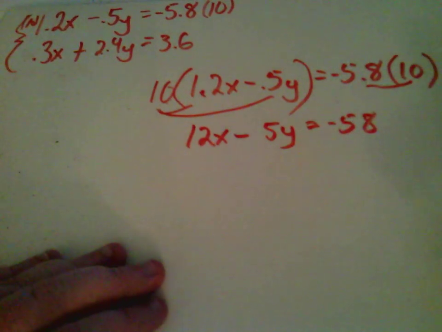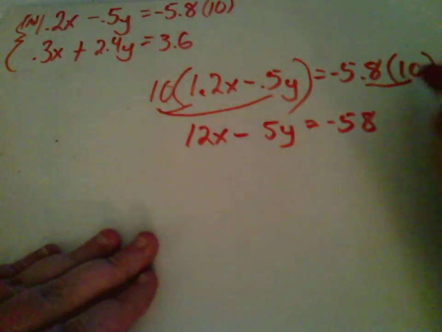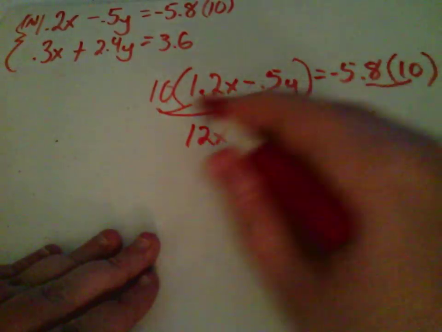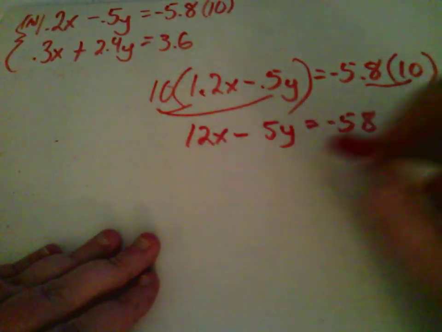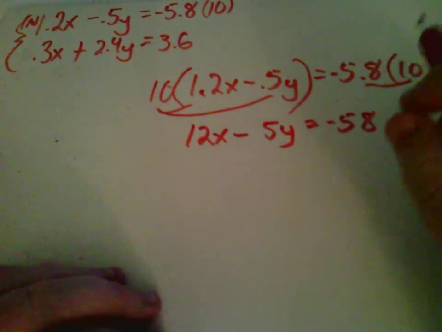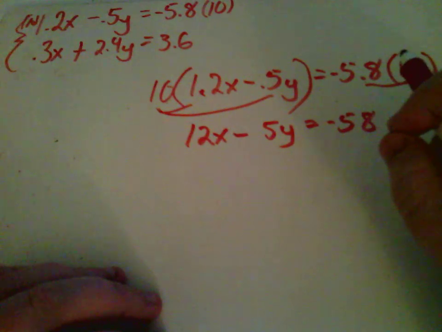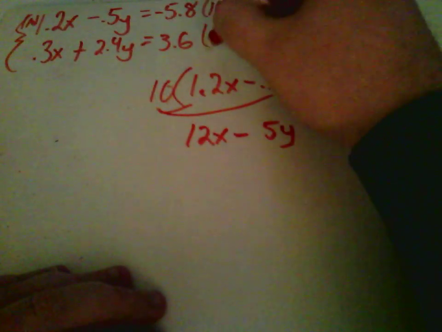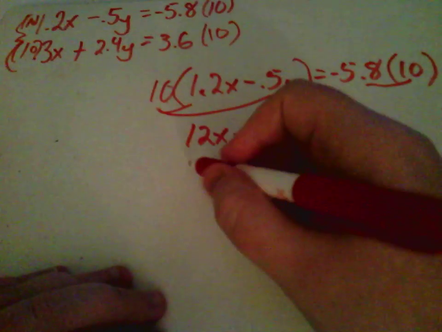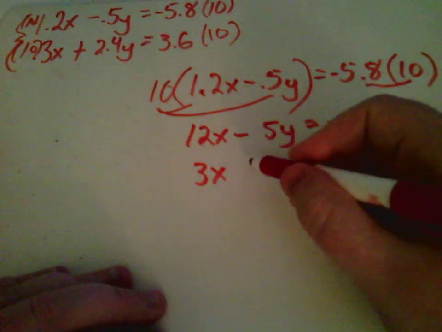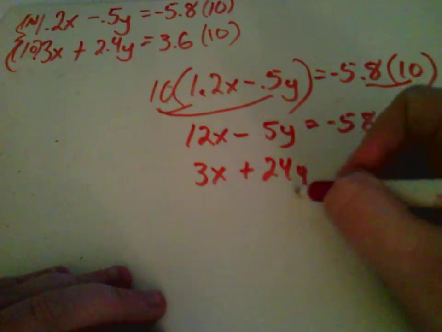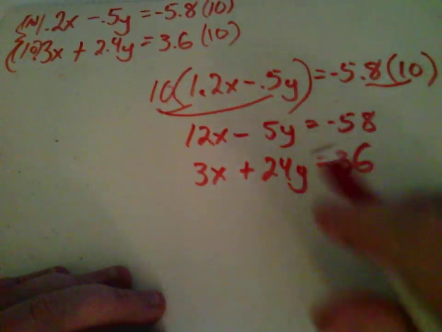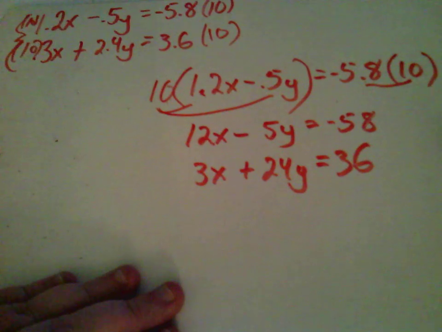And now we've transformed this difficult looking problem with decimals in it to a regular old-fashioned problem with integers. We can do the same exact thing for this top part here. We just multiply everything up here by 10, everything over here by 10. We just get 3x plus 24y equals 36. That's the first tip on an easier way to solve this problem.